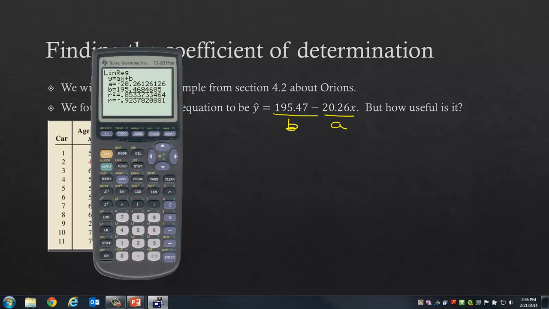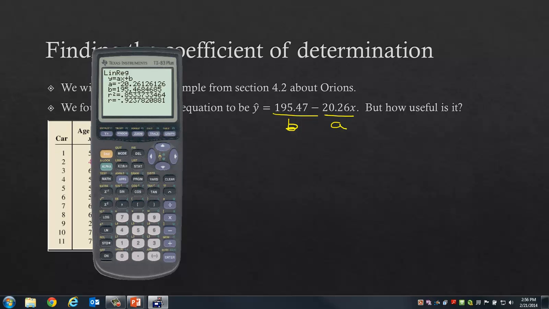You're given R squared, you're given R. Now, R squared is 0.85. Now, what did we say? The closer to 0, it was not very useful. The closer to 1, it was very useful. So how useful is this equation? Well, 0.85 is pretty close to 1. So this is going to be a very useful equation. This is going to be one that you can get some pretty reliable data out of, and that you can make some pretty reliable trend suggestions on.